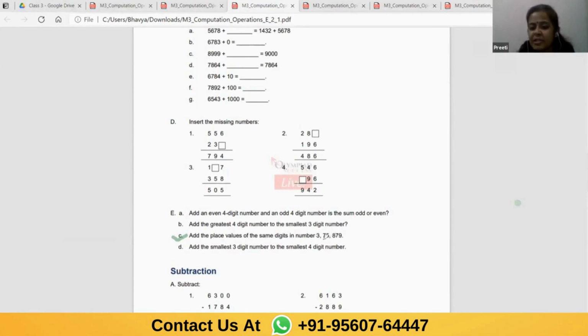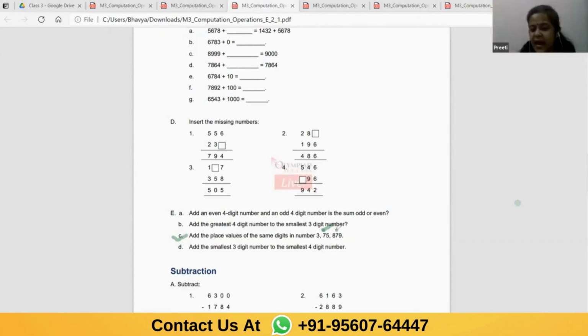Ishan, tell me which digits are the same in this number. Which digit is repeating in this number? 7 is repeating 2 times, na? 7 is here and 7 is here also, right? So what is the place value of this 7? Ma'am, tens.